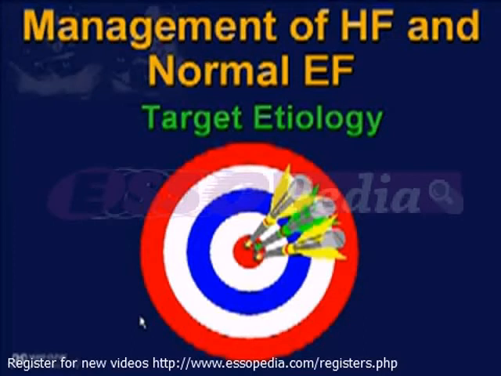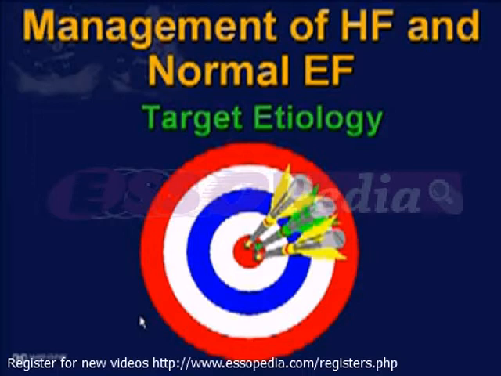And we remind ourselves briefly that the management of our patients with the clinical syndrome of heart failure and a normal ejection fraction is not through general measures of ACE inhibitors and beta blockers and diuretics, but generally through the identification and targeting of the specific etiology of the disorder. So if it's a valvular heart disease, we address the valvular heart disease.